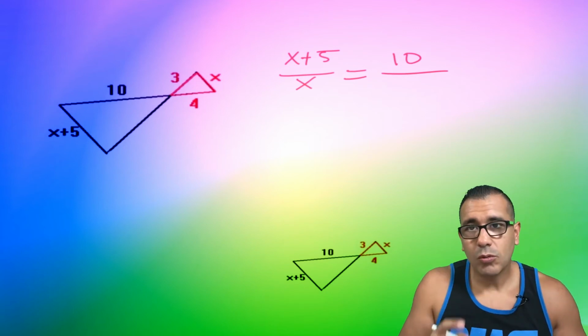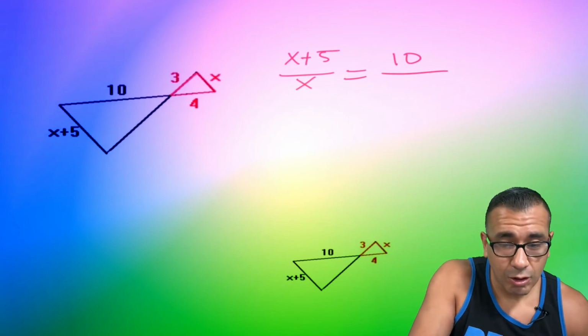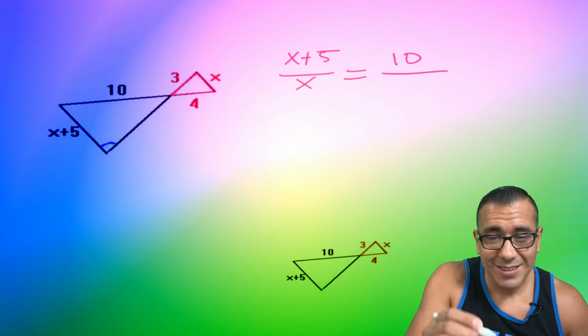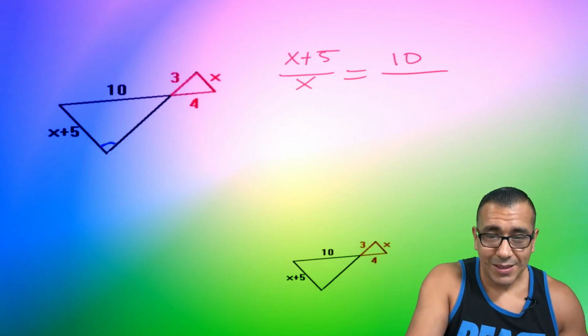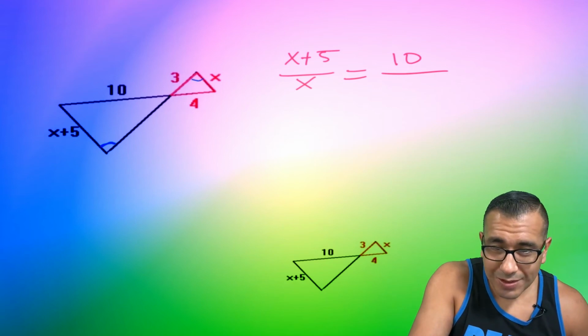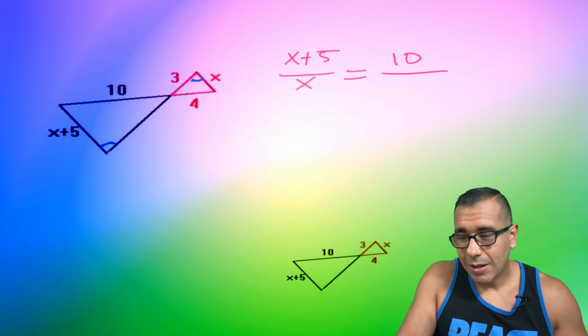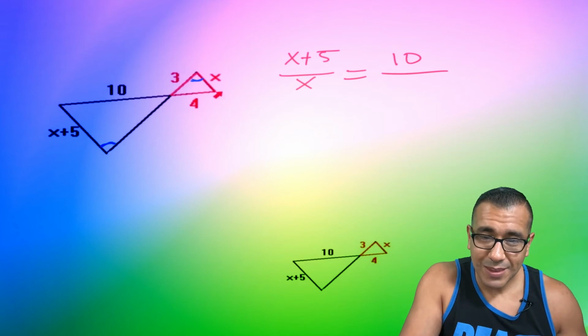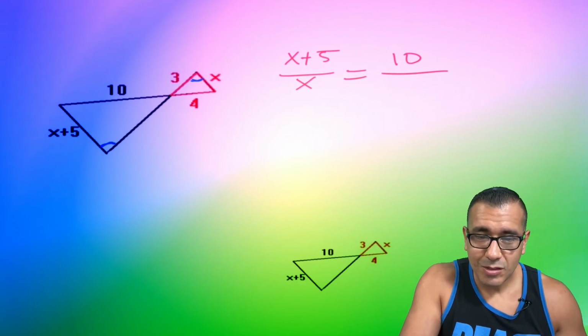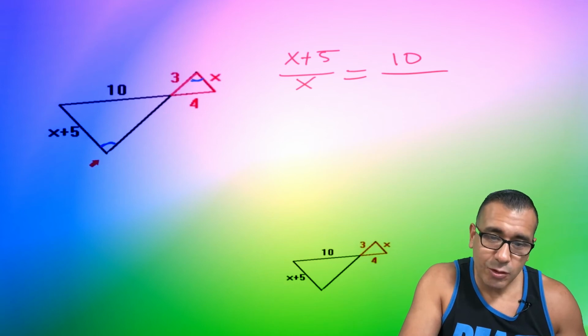So we know by our alternate interior angles that this angle right here is going to be equal to this angle right here. Again, because these two lines right here are parallel, and there's my transversal.